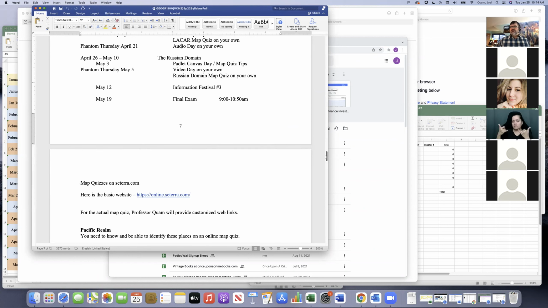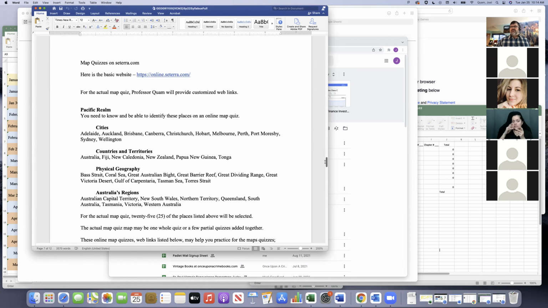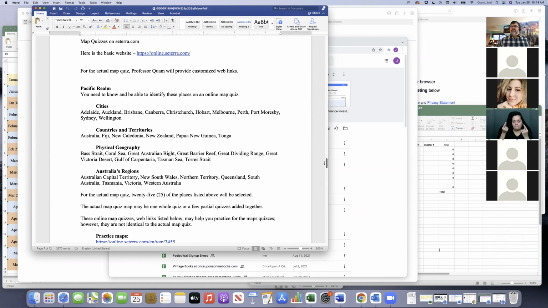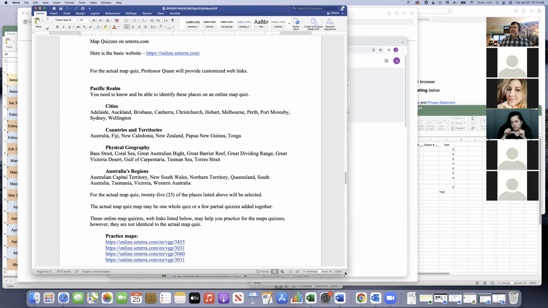And map quizzes were mentioned a bunch of times. So how do you know what to prepare for the map quizzes? All right, for each region's 25-point map quiz, there's a list in your syllabus of those places.